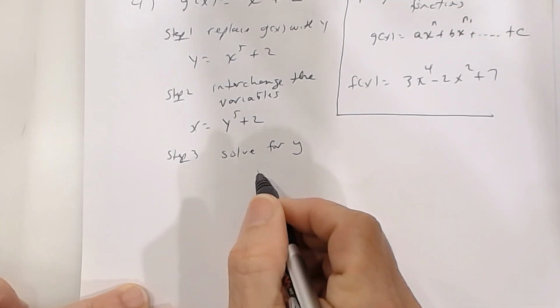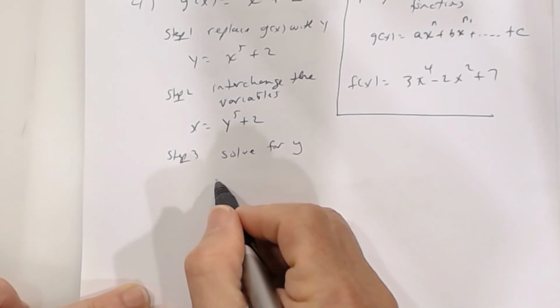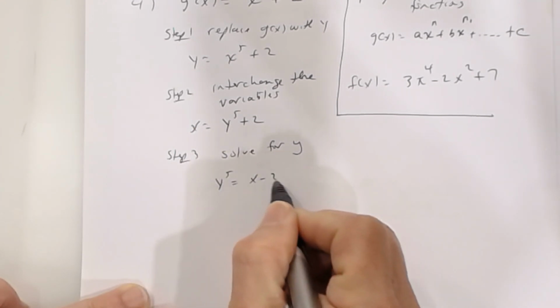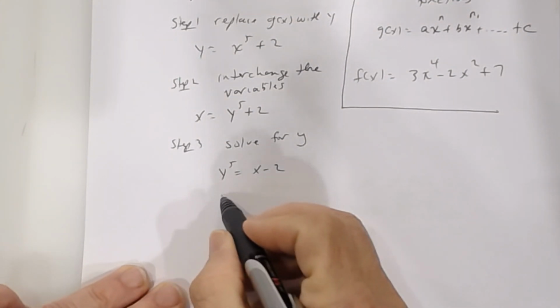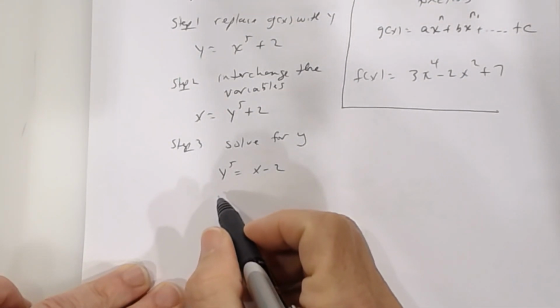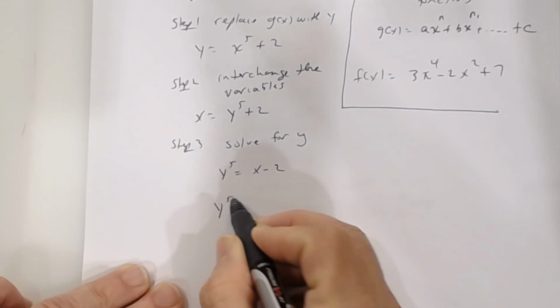If I'm going to solve for y, what must I do first? Subtract 2. So I get y to the 5th equals x minus 2, right? And then finally, how to get y by itself? Take the 5th root of both sides.